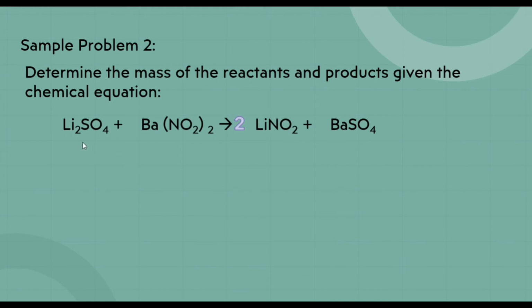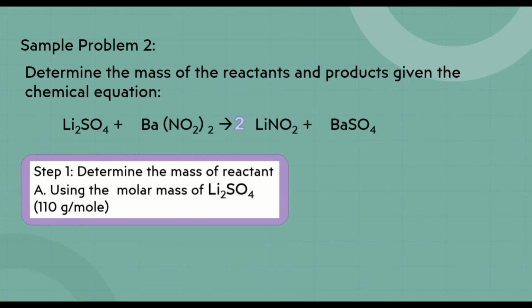So, in this equation, we have 1 mole of lithium sulfate that reacts with 1 mole of barium nitride and 2 moles of lithium nitride and 1 mole of barium sulfate. Okay? So, since the equation is already balanced, then we can determine the mass of reactant and product.